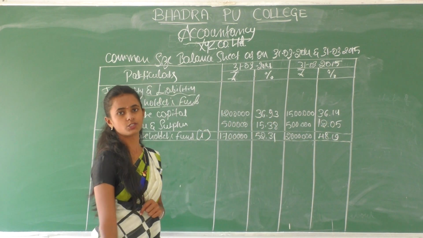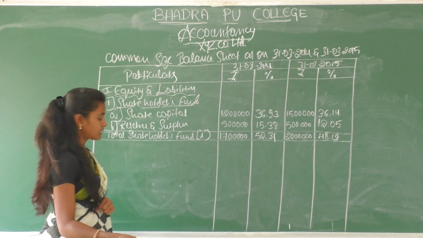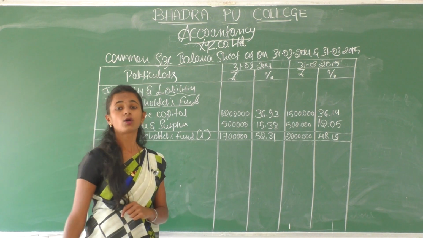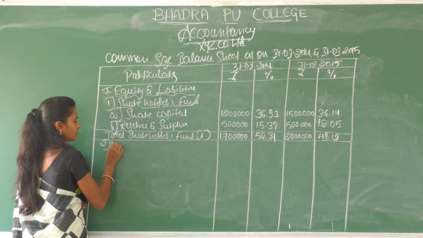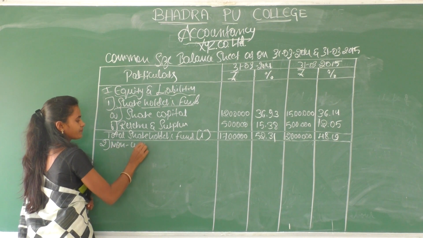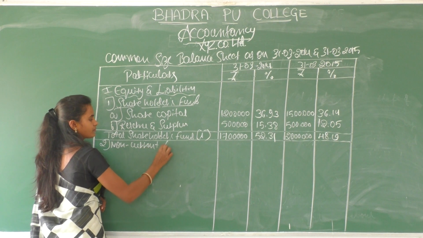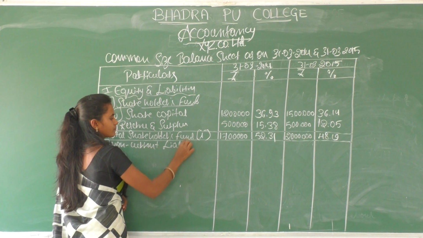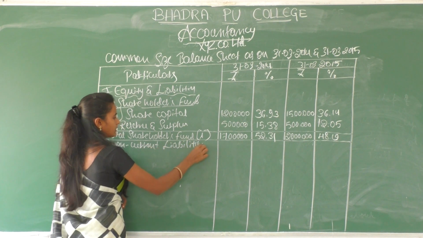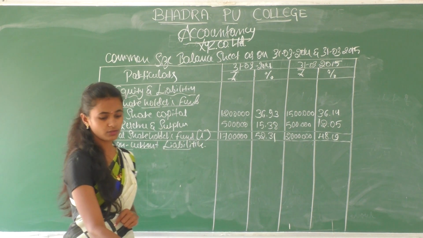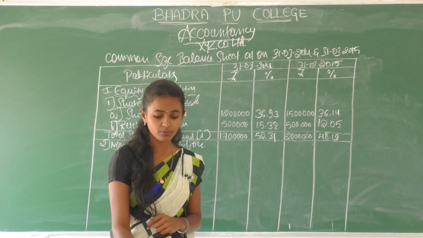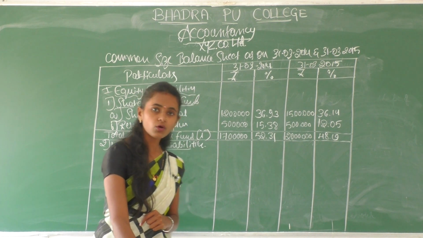And the second one is non-current liabilities. Under that, the first one they have only given in the problem is long term borrowings.